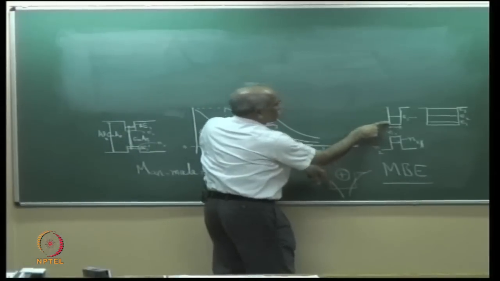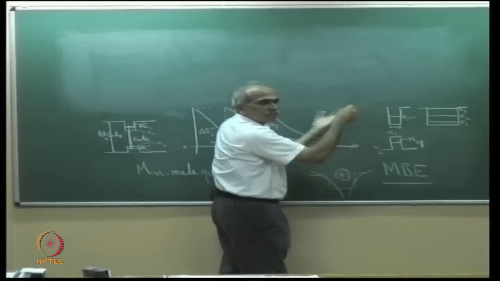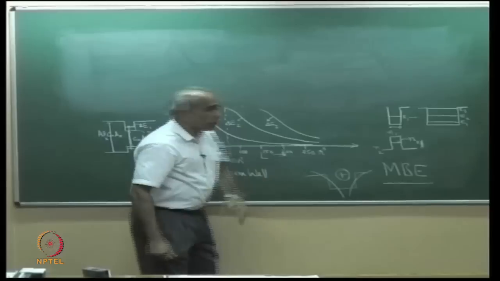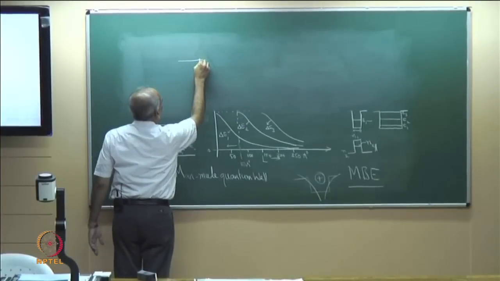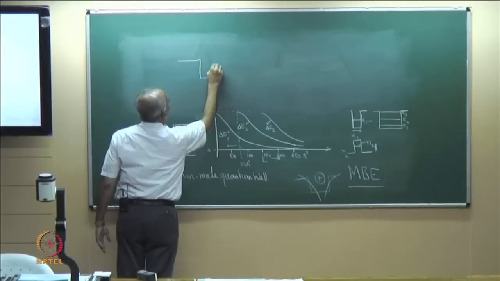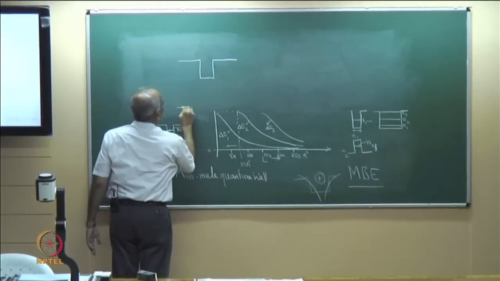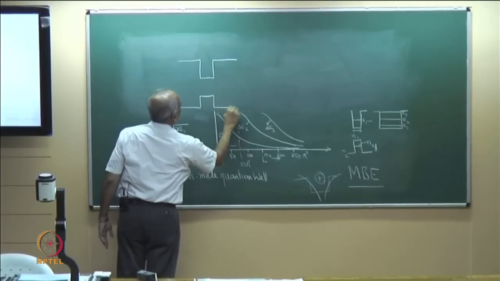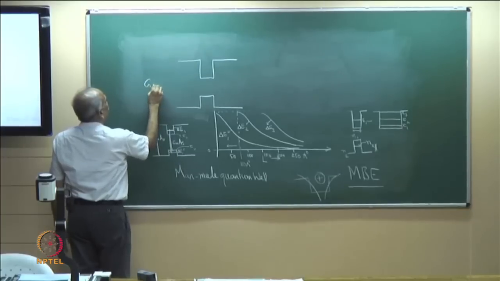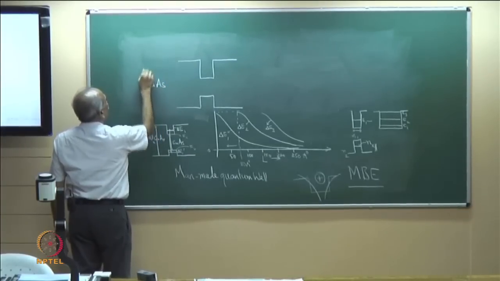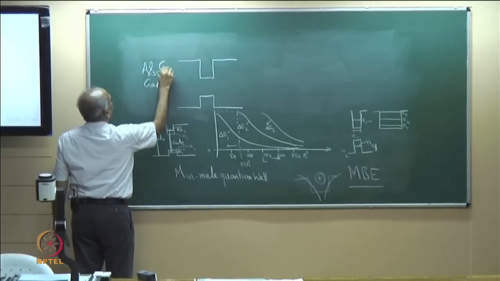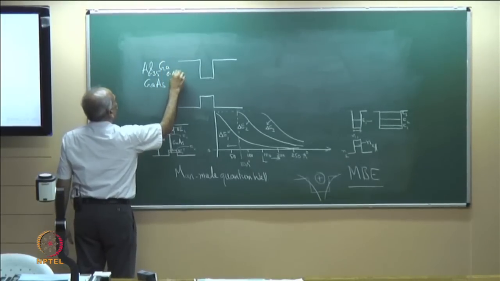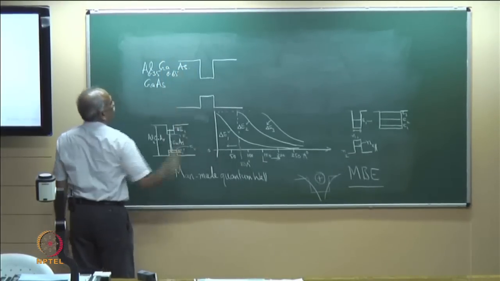From the bottom of the well, I can tune up to this; that is the maximum variation you can get. Let us say you realize a quantum well with our familiar gallium arsenide and aluminum gallium arsenide, with a composition of, say, 0.35 aluminum, 0.65 gallium and arsenide.